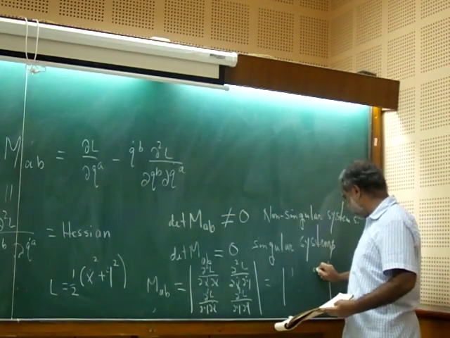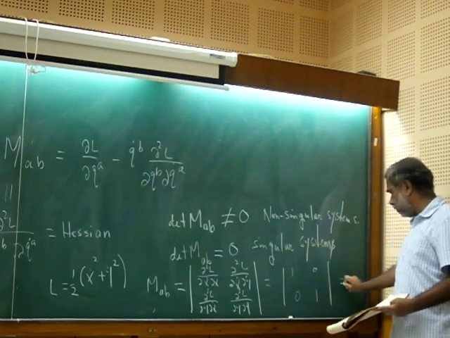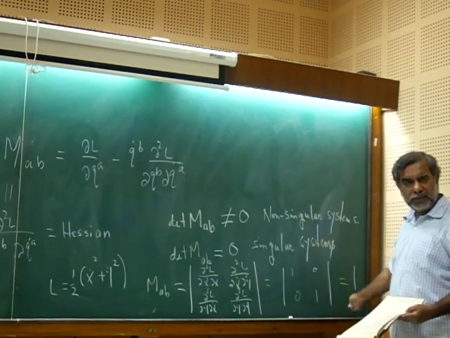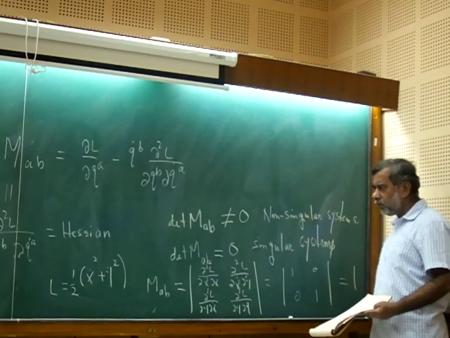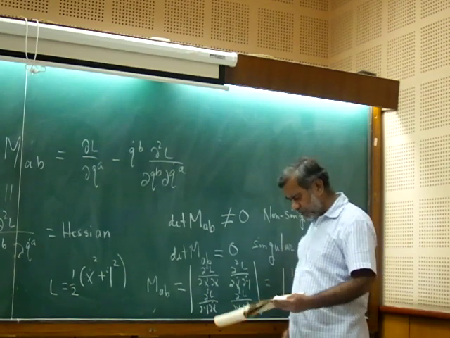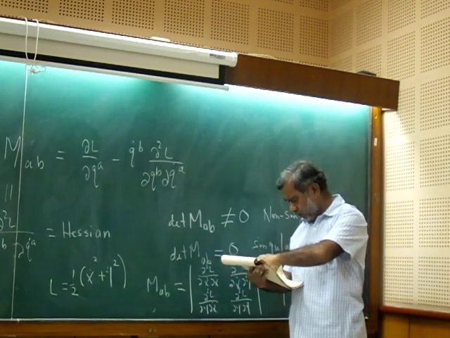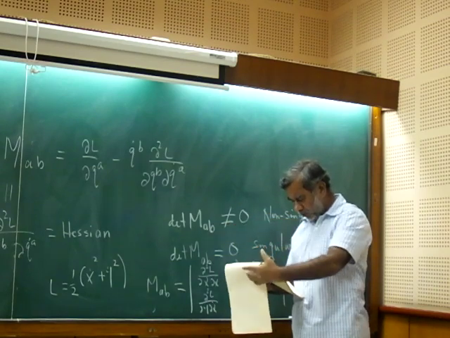So this is 1, 0, 0, 1. Therefore, this is invertible. The determinant is not 0, and you can see that this is a non-singular system. You can just read off from the Hessian that it is indeed a non-singular system. It has a unique Cauchy problem, and so on and so forth.